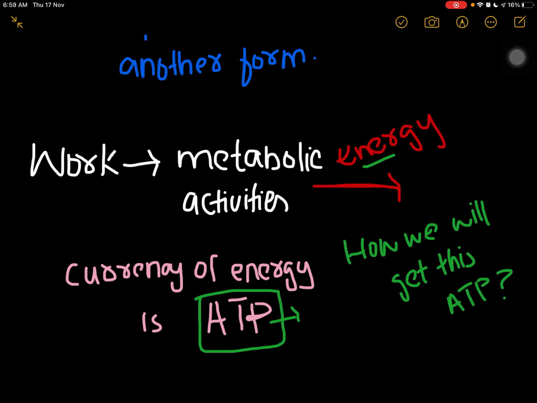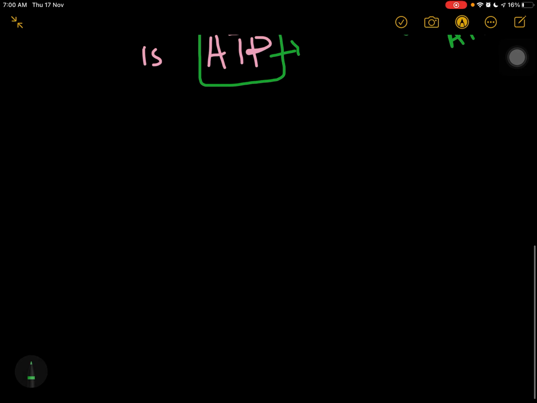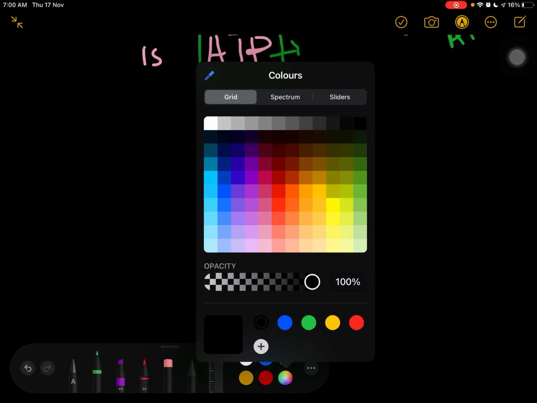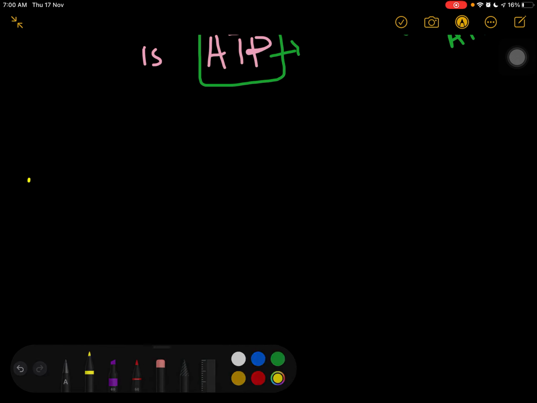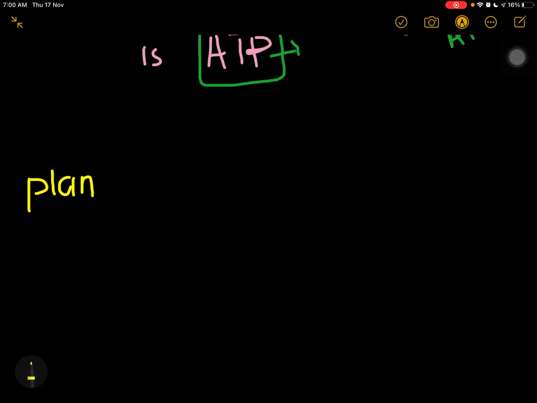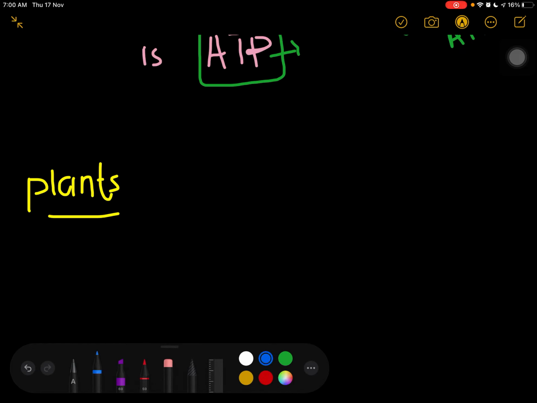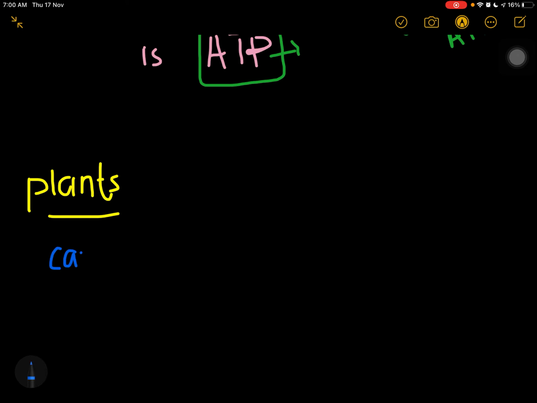So basically we have plants, right? Plants have the ability, or some basic components, or you can say pigments, that can capture light. Plants capture light, right?